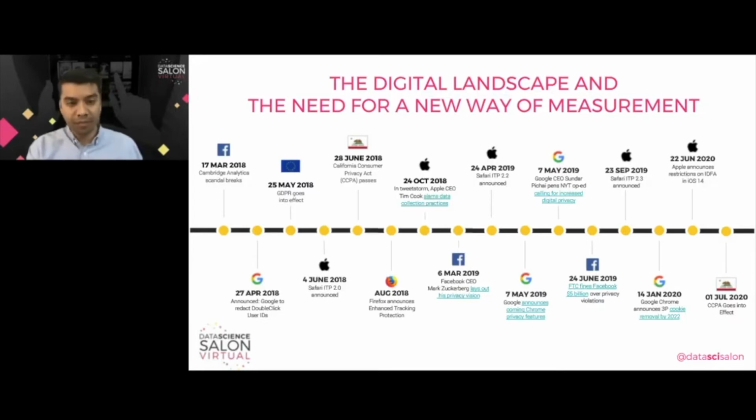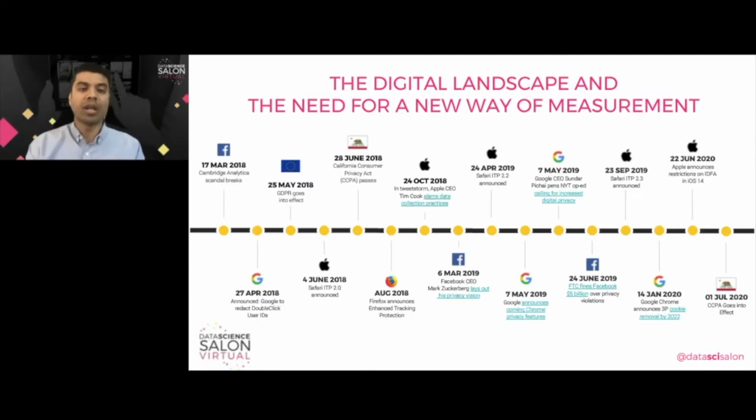And recently, if you move towards the right in the timeline, in the last couple of months, Apple has announced that there will be restrictions on the way IDFA is going to be used. That means an ID for advertiser in a mobile device. And recently, from July 1st, CCPA has gone into effect in the California state.